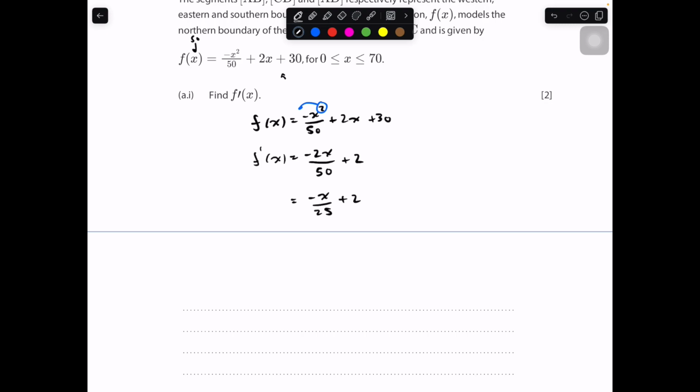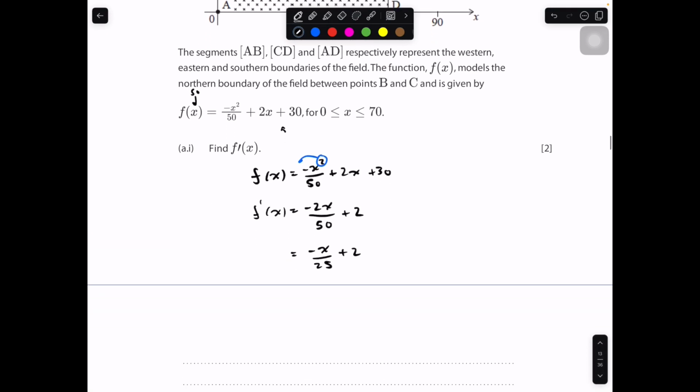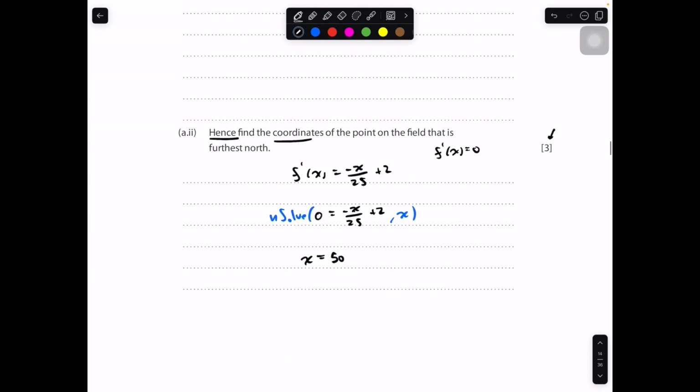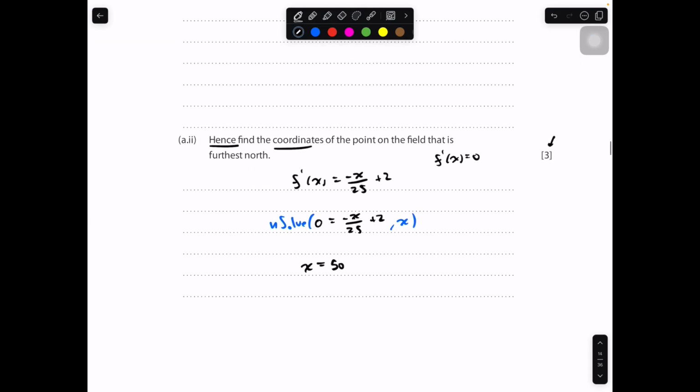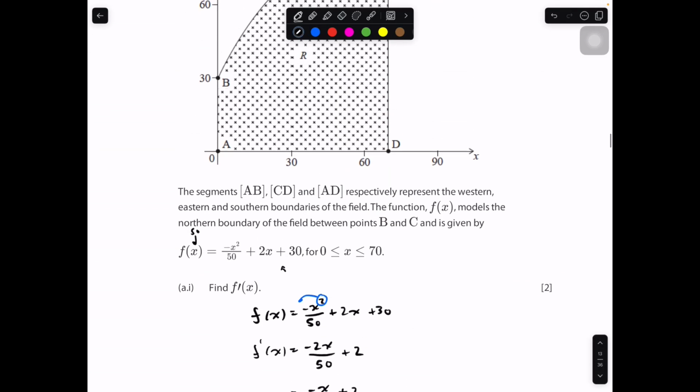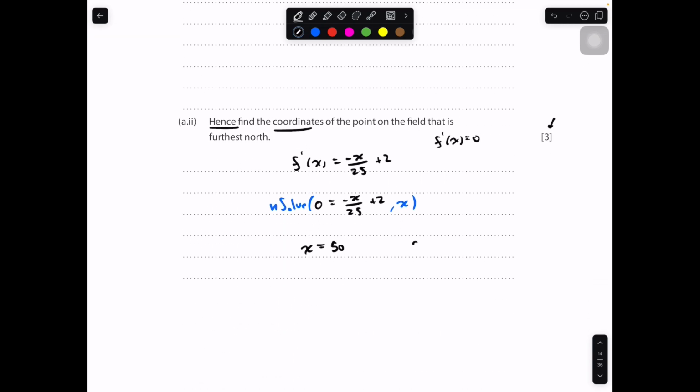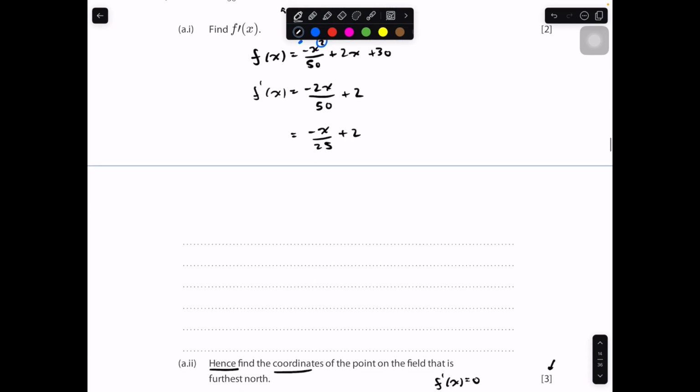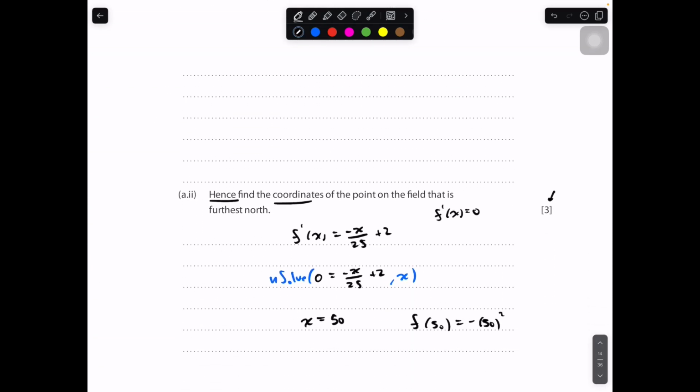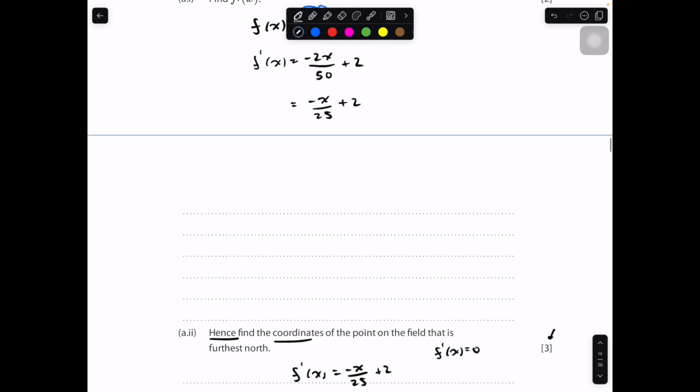Okay, so let's go back to the document again. So we know x is equal to 50, and substituting 50 into this function right here, f of 50 is equal to negative 50 squared over 50, and then it's plus 2x plus 30.